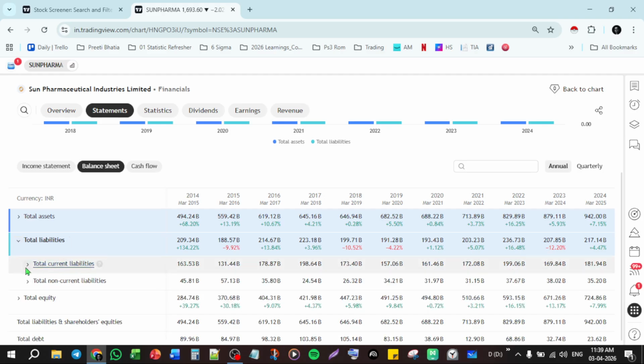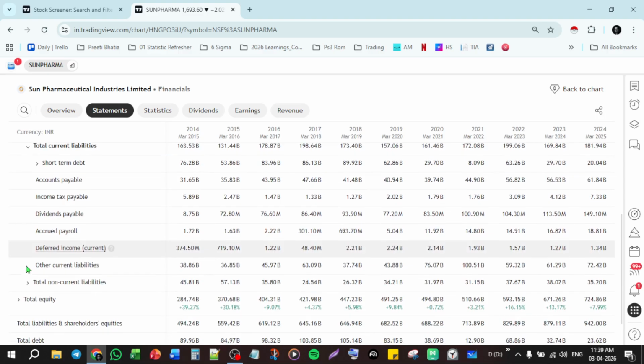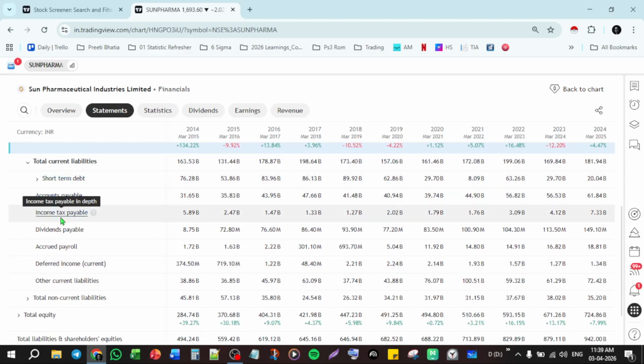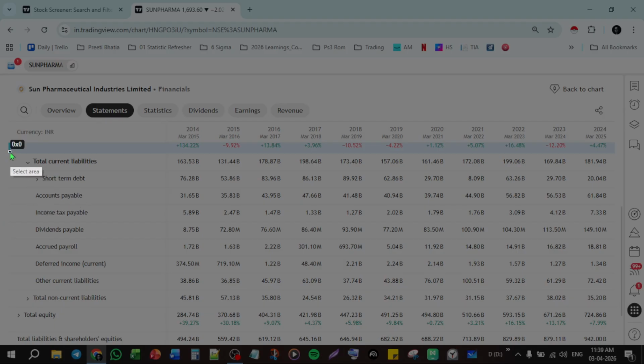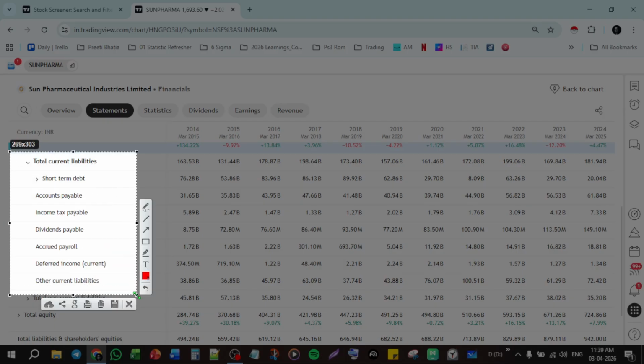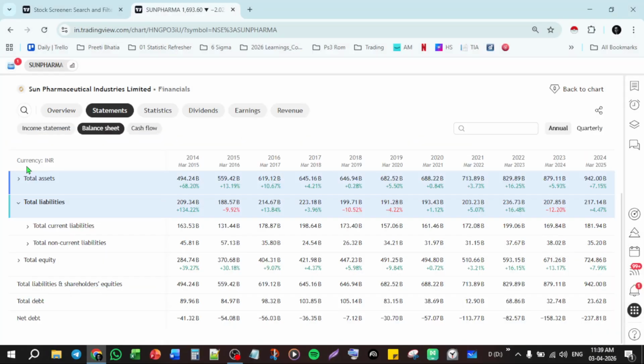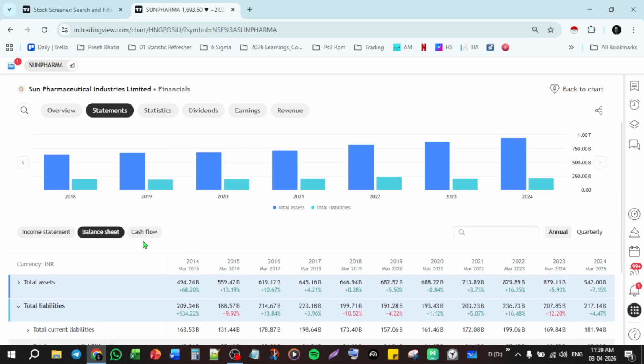It will tell you how much debt there is, how much payable, means income tax, dividend. And if you don't understand this, take a screenshot of this, put it in ChatGPT and it will explain, so you'll understand the total liabilities. So now I know assets are increasing, liabilities are also in a great trend annually.